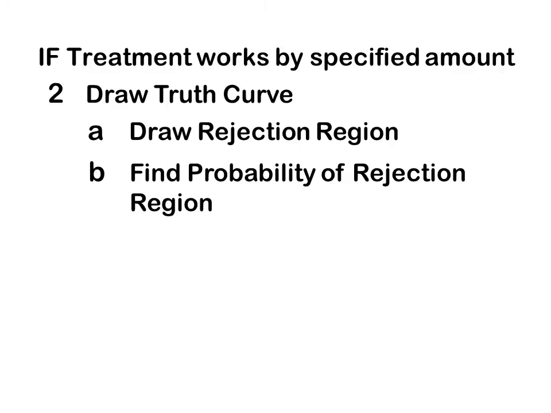So the next thing we do is we draw the truth curve. And then we put on that truth curve the rejection region that we determined from our previous graph. And then we find the probability of that rejection region.